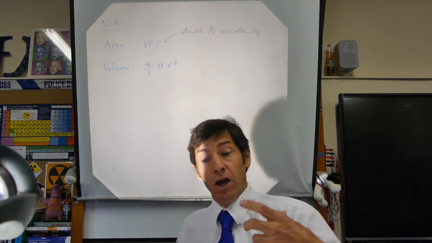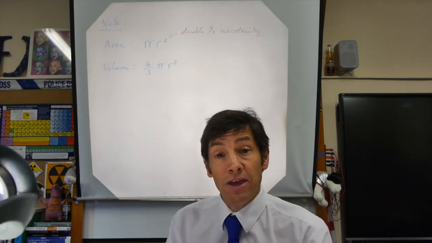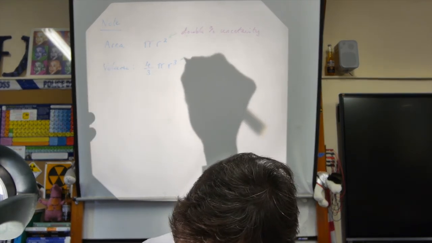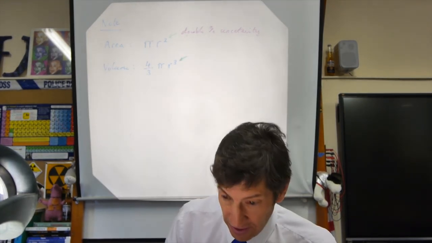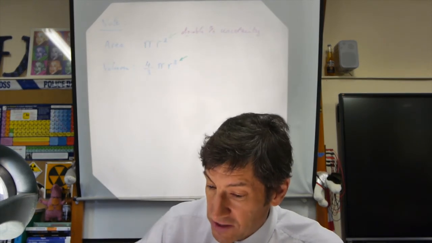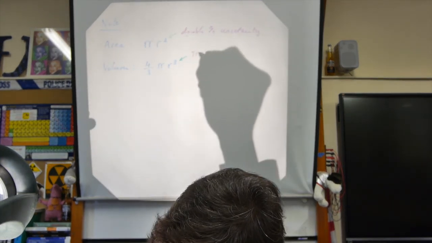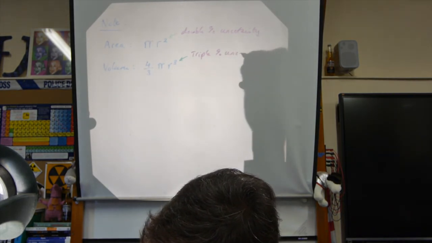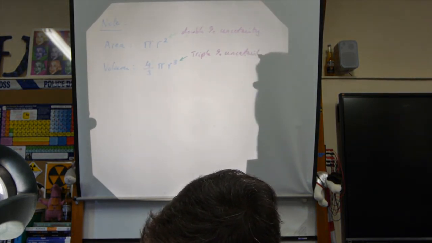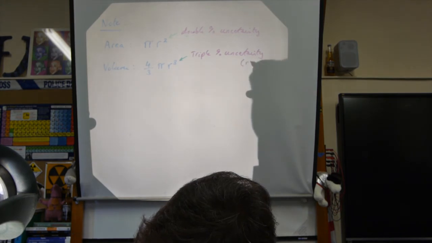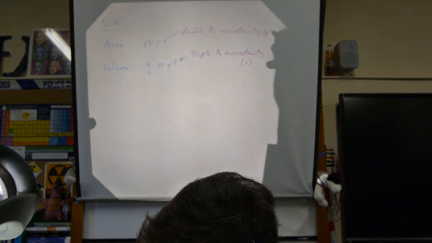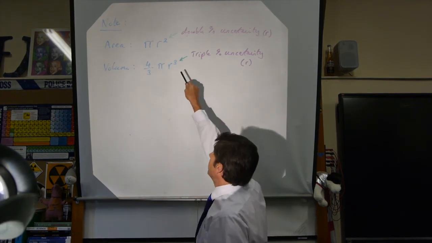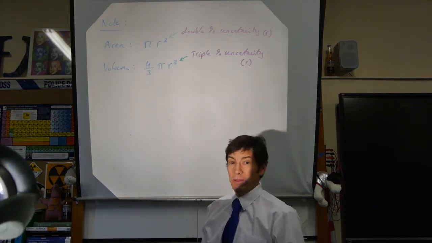If you know the uncertainty in the measured radius, to work out the uncertainty in the volume you need to triple the percentage uncertainty that you had in the radius measurement. So that's something to look out for at A-level, and it comes up quite a bit.